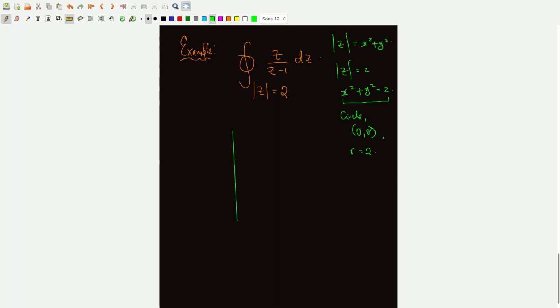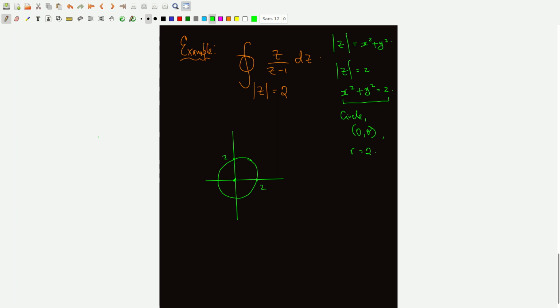So we have our circle. This is 2, because our radius is 2, and it is centered at the origin.